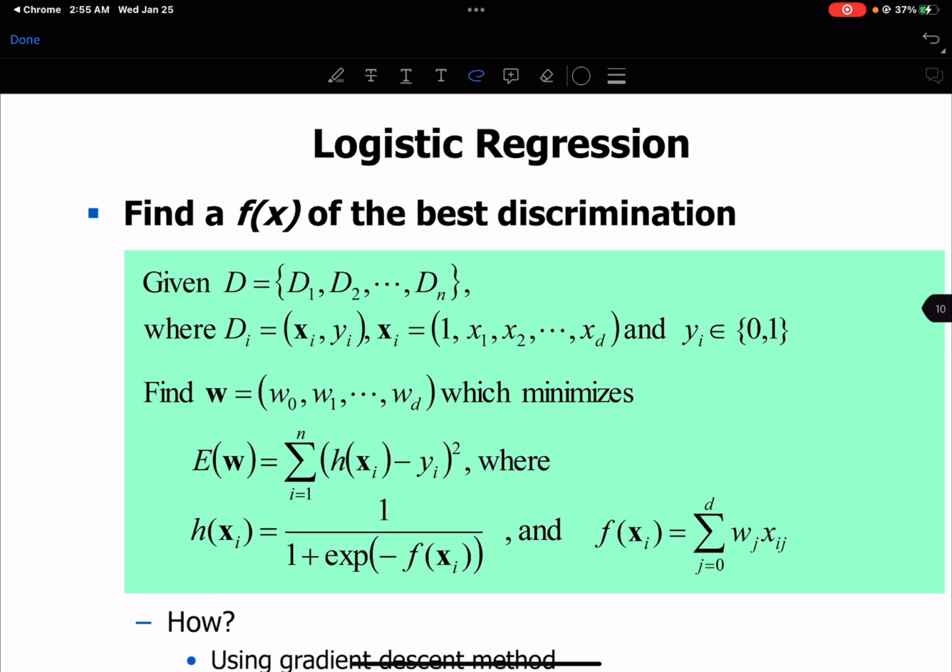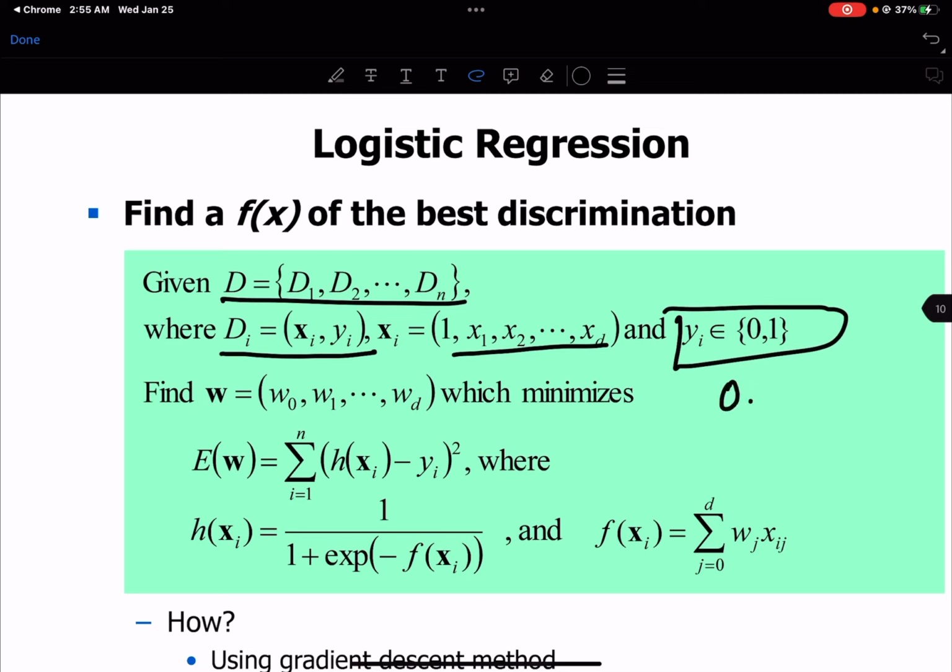So we find f of x of the best discrimination given your data, and each data point, data up to sample n from 1 to n, and each data point is represented by xi, yi, where xi can have values up to d, and for logistic regression yi can only take the value of 0 or 1, right?